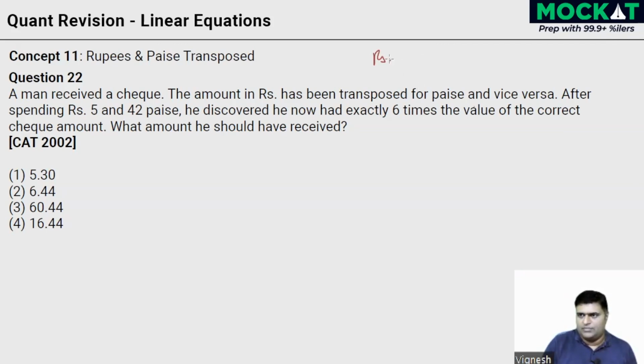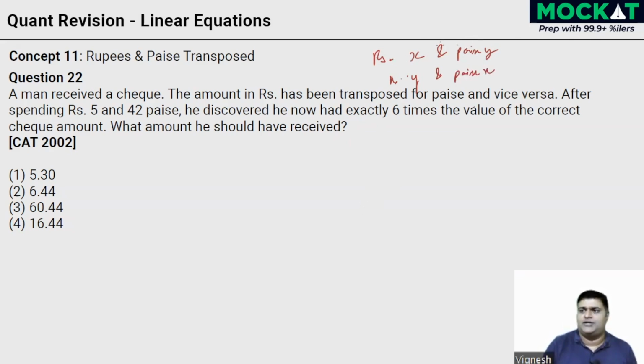So you could get a check for rupees X, and paise could be Y, right? That could be it. But the person at the bank is actually giving it after switching it up, right? What is being given out instead is rupees Y, and the paise given out is X, right?